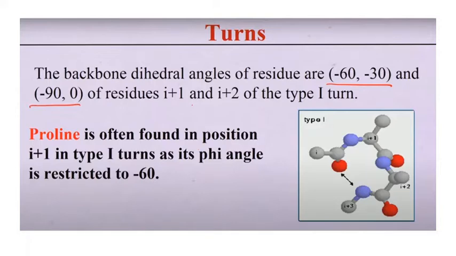Take an example: the backbone contains two angles, -60 and -30, and -90 and 0. This is made by residue I plus 1 and residue I plus 2, and when that forms, we call it a type 1 turn.